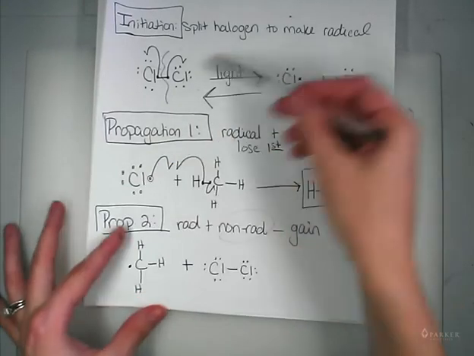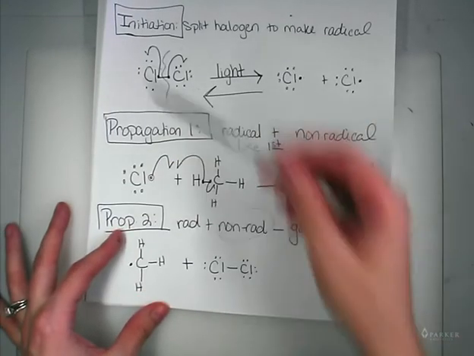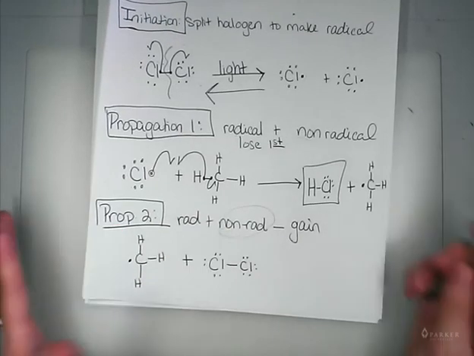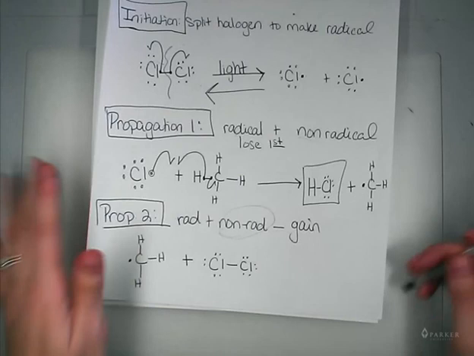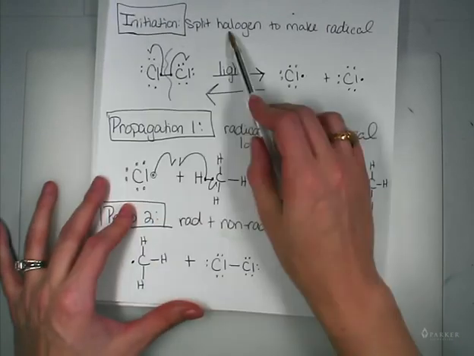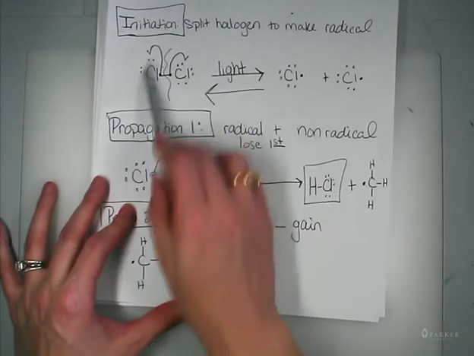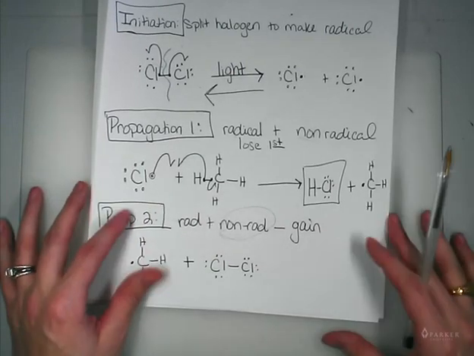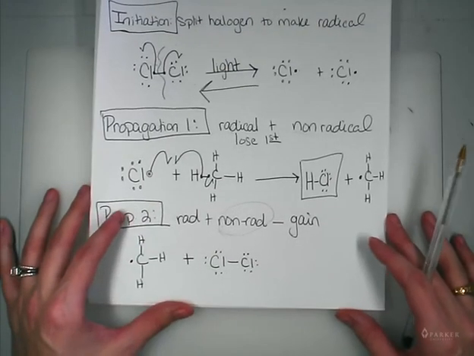And they do. And these steps are all happening at the same time. We try to put a logical order to them, but they're happening all together. So as initiation is starting for one set of chlorine, propagation 2 is going on for another chlorine.